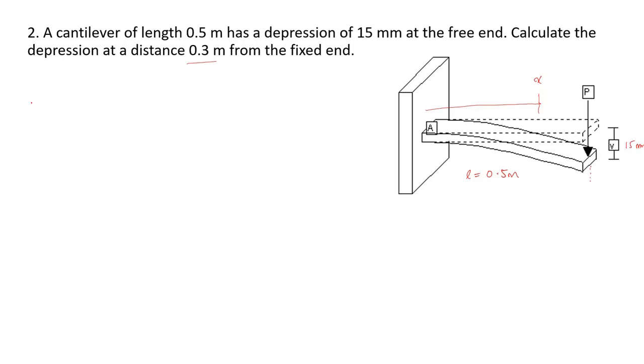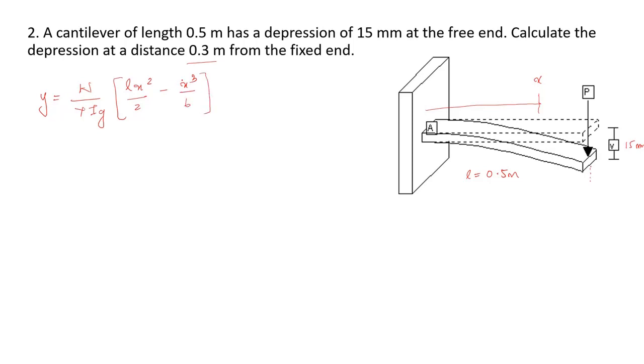We have an equation for the depression at a distance x given by Y is equal to W by Y Ig into L x squared by 2 minus x cube by 6.